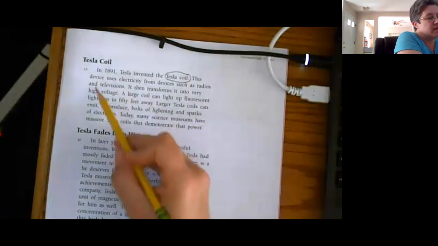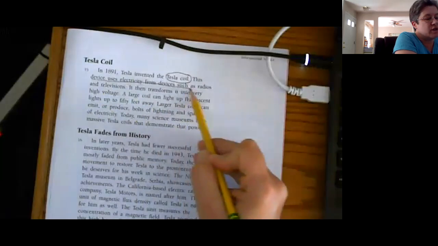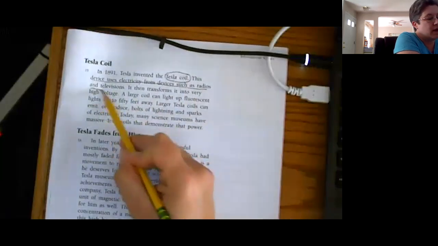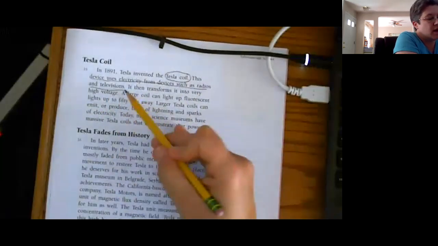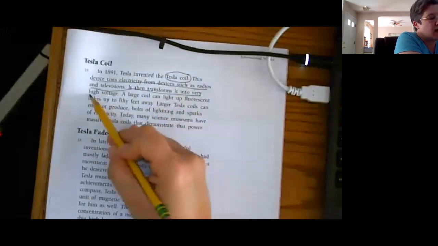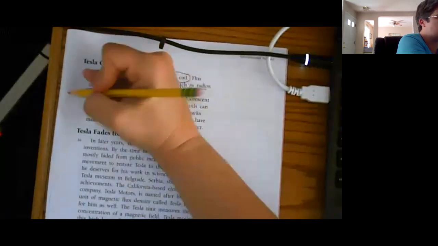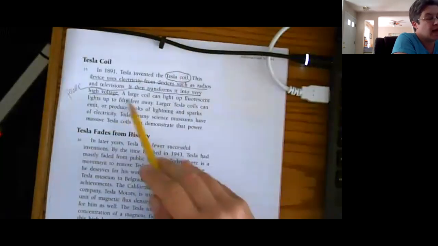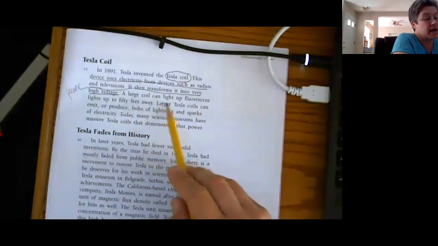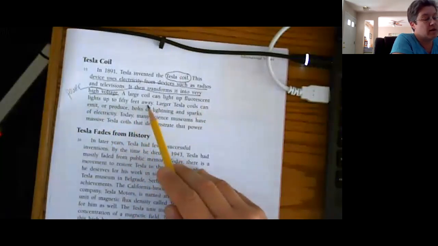This device uses electricity from devices such as radios and televisions. It then transforms it into very high voltage. Voltage here means power. Very high power. A large coil can light up fluorescent lights up to 50 feet away.